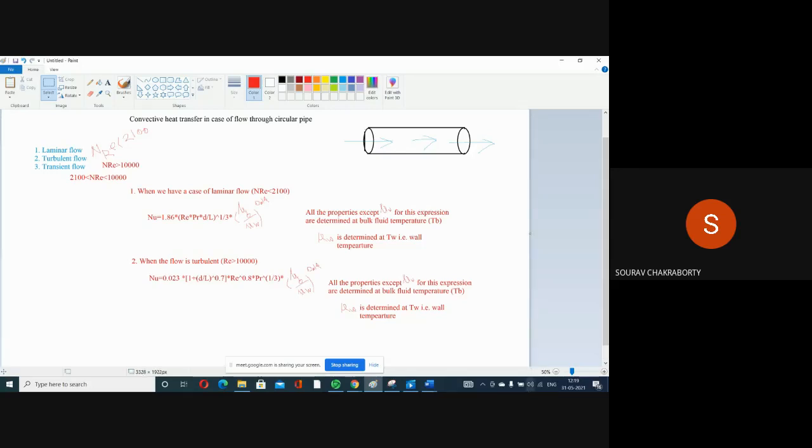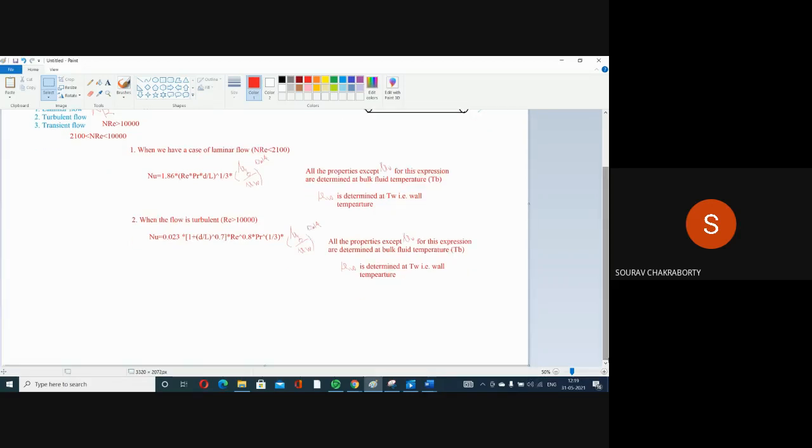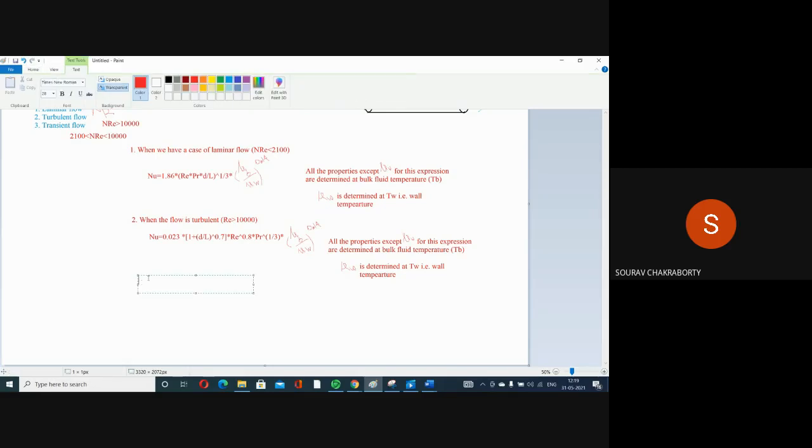Now we'll see the rate of heat transfer, which can also be determined. There is another expression for this. For the second case, there is another expression to determine the rate of heat transfer. It can be determined by this expression.